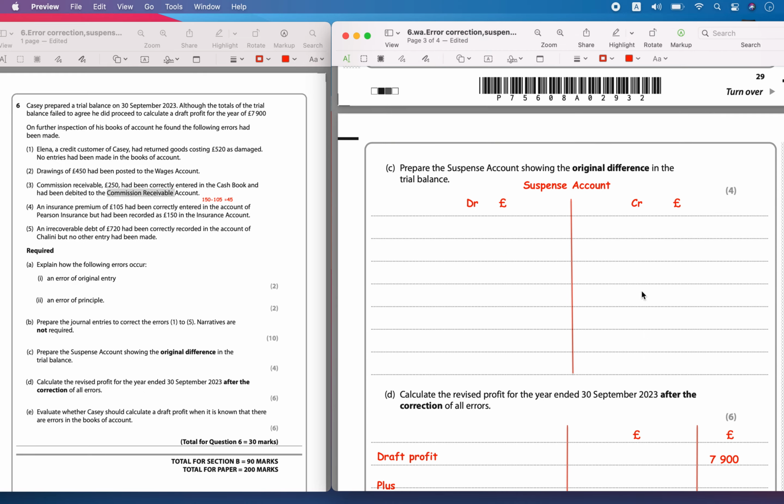So the first one is, whatever is on this side we just enter on the same side. So irrecoverable debt, it is 720 on the credit side.